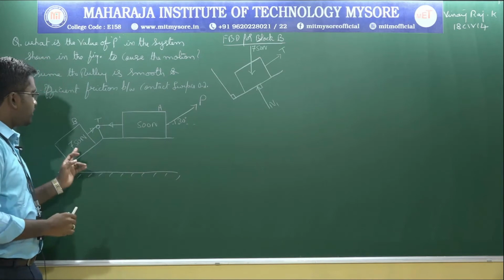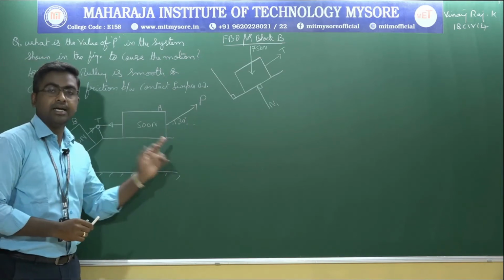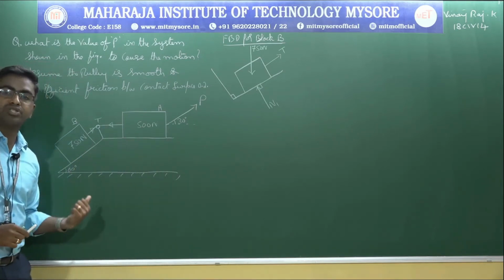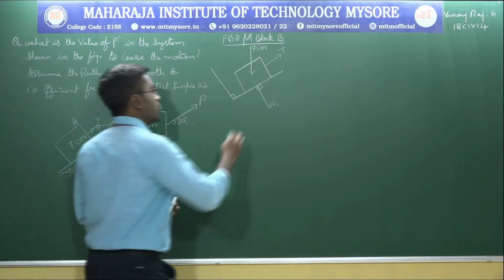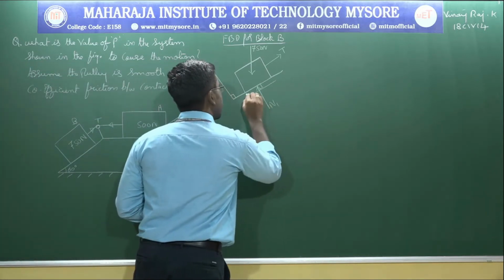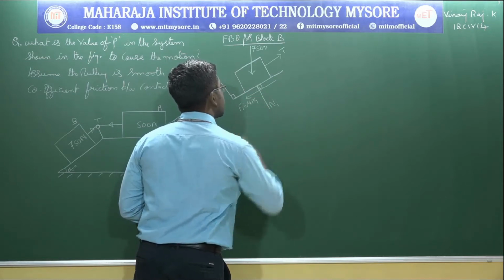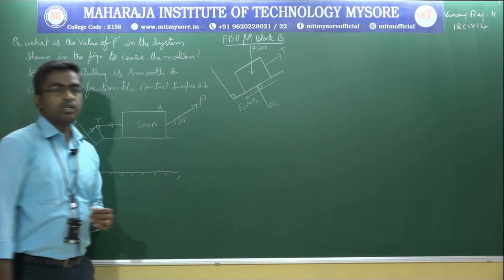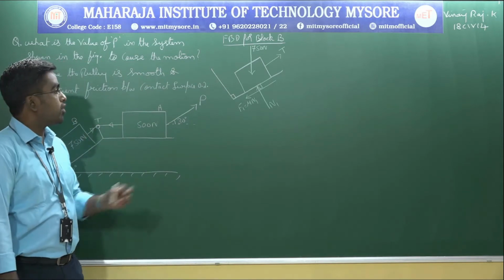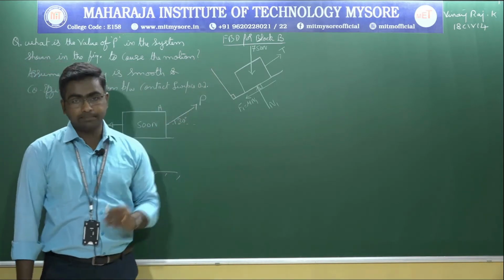The motion of this block is towards the right, so the frictional force will be opposite. So here the friction looks like this, F1 equals mu times N1. This completes the first free body diagram of block B.